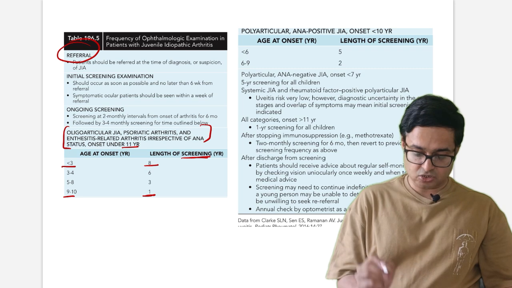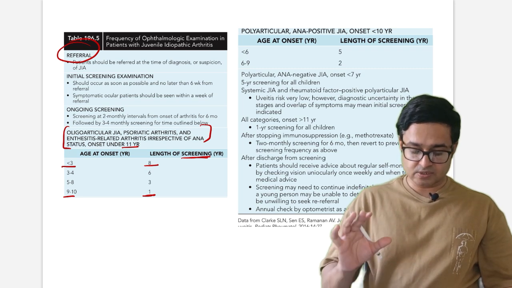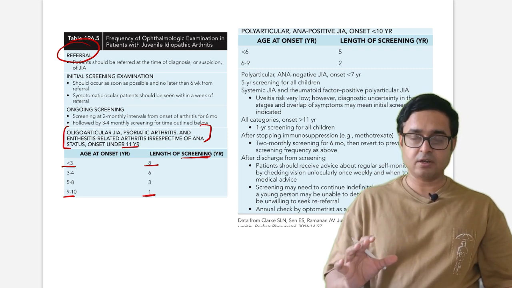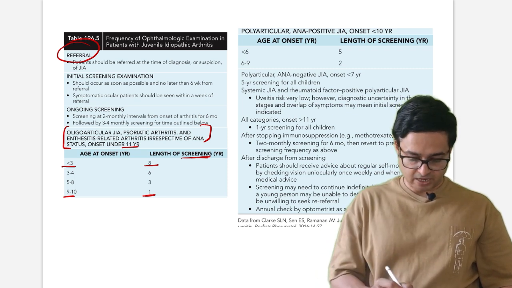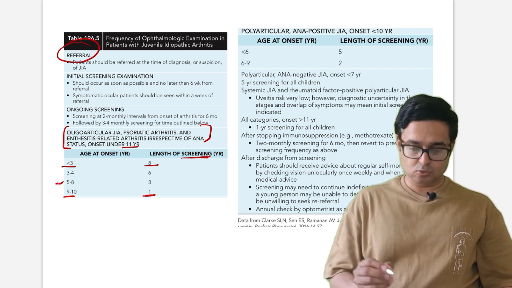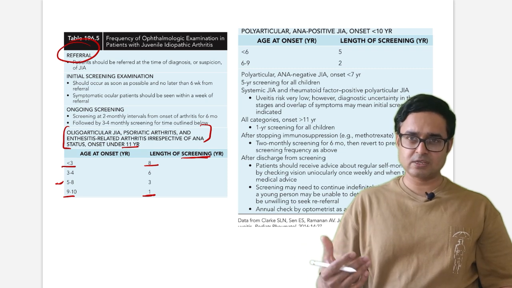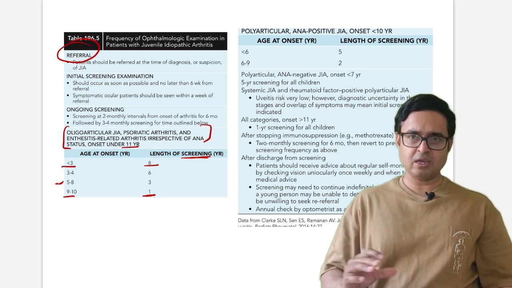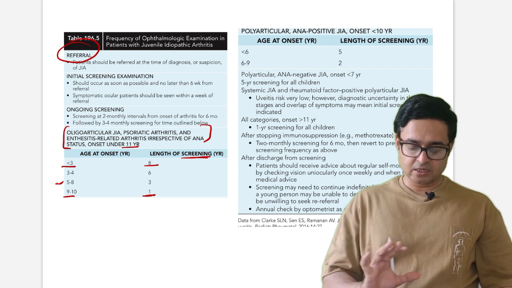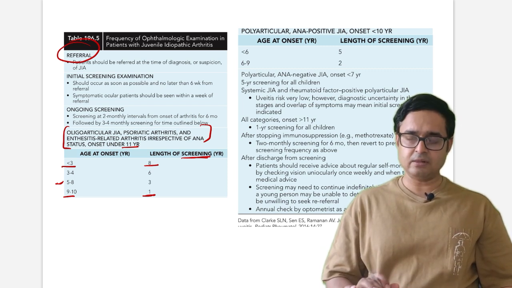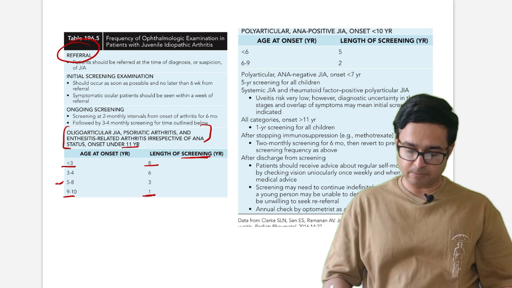Just remember you have to screen approximately until 11 years. So if the patient comes to you at 5 years of age, add 6 years, approximately 9 to 11 years we have to screen them. Just a rough idea; remember this table, it is important and has been asked multiple times.